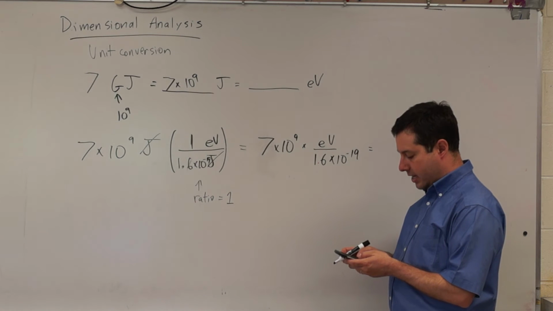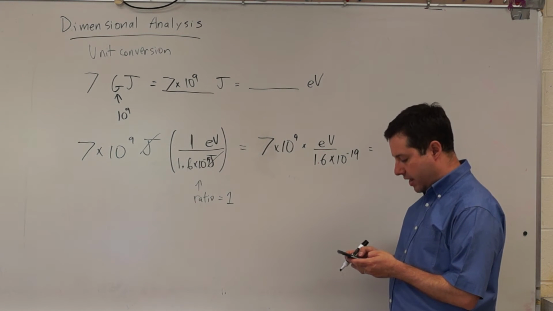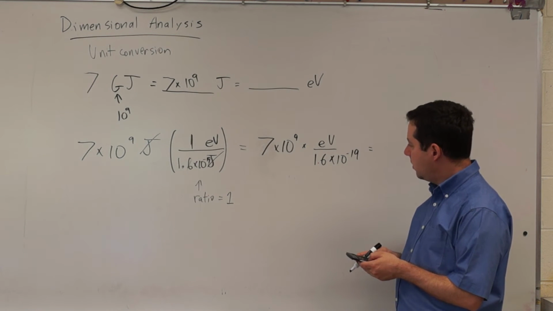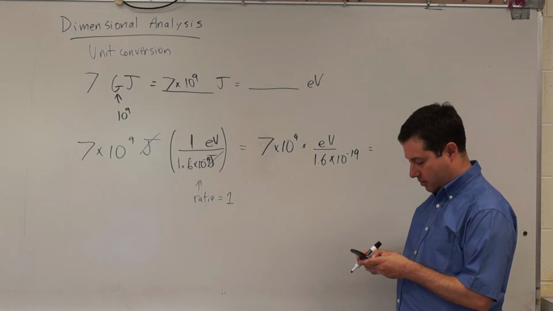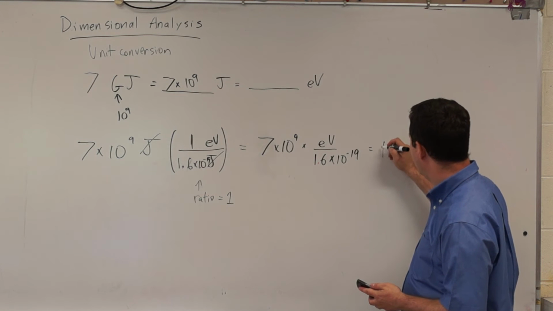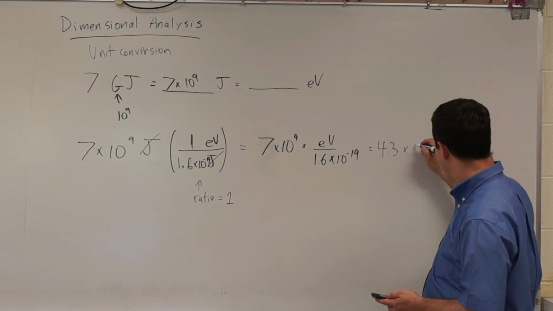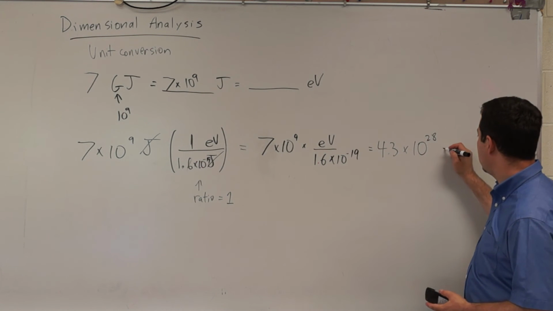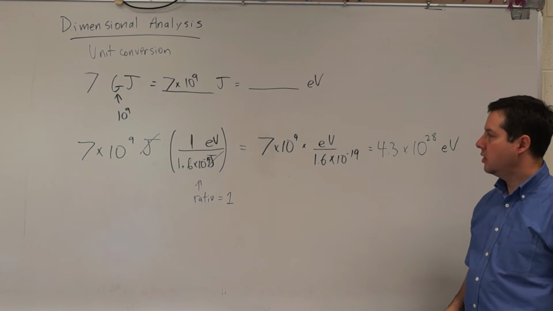I'm going to just say 7 times 10 to the 9th divided by 1.6 times 10 to the negative 19th. And I get an answer of 4.3 times 10 to the 28th. And your units, the only units that's left, are electron volts.